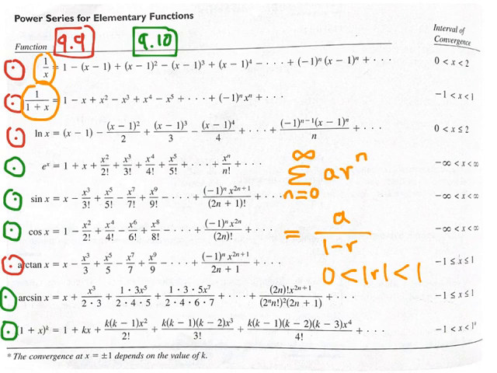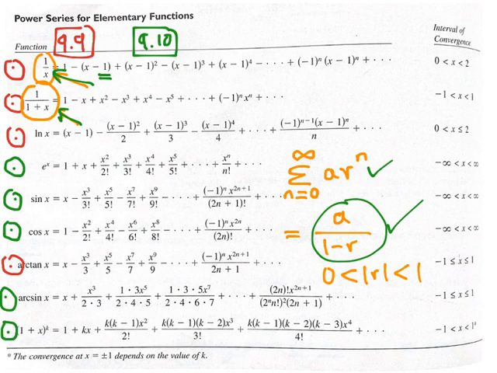And with these two functions, we were able to write them in this form for a particular center. For this function, we use the center c is equal to 1. For this function, we use the center c is equal to 0. And once we were able to algebraically manipulate those functions to fit this form, we were able to represent them with a geometric power series.